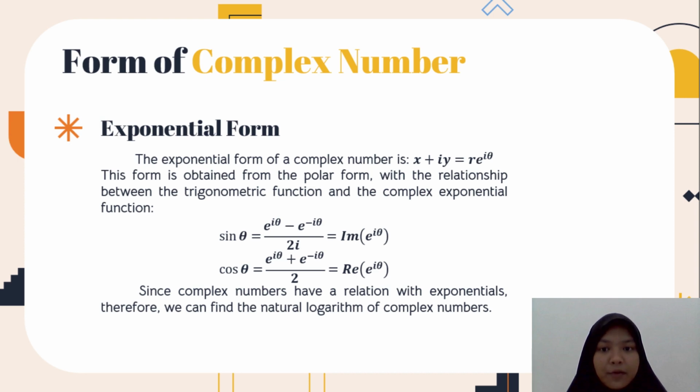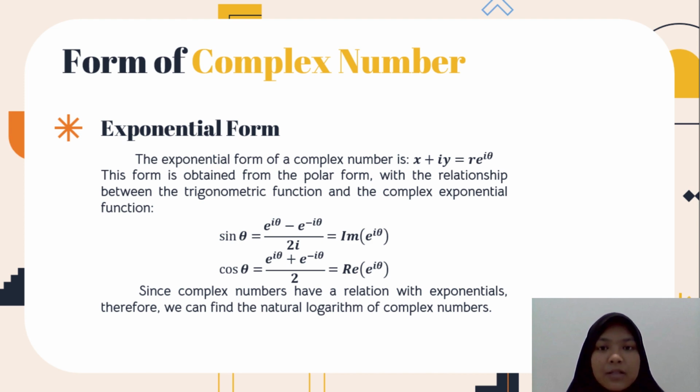Last is exponential form. The exponential form of a complex number is x plus iy equal to r e^(i theta). This form is obtained from the polar form with the relationship between the trigonometric function and the complex exponential function. We have that sin theta is equal to (e^(i theta) minus e^(-i theta)) over 2i, which is the imaginary part of e^(i theta).